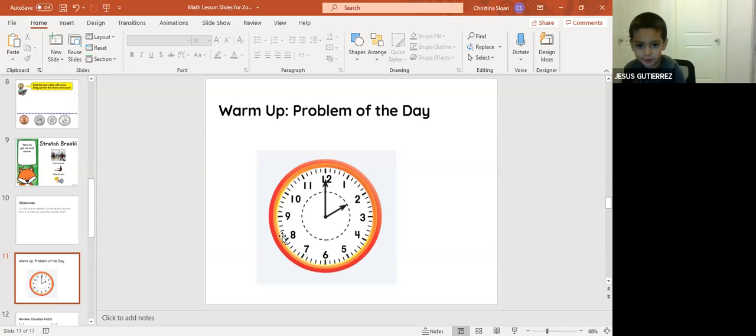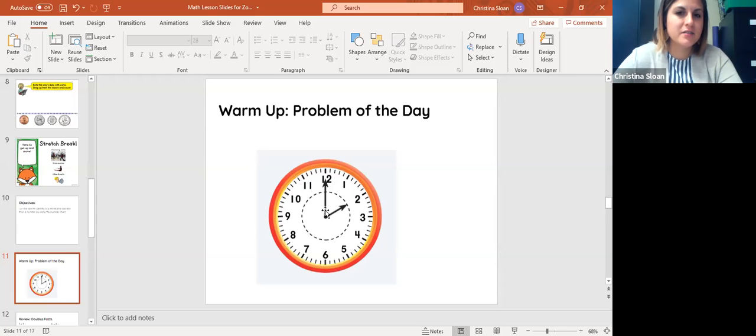Okay, there you go. Remember where the big hand is and the small hand? The big hand is on the 12 and the little one is on the 2. So what does the long hand tell us, Jesus? Does it tell us the hour or the minute? Minutes. The long hand tells us the minute.